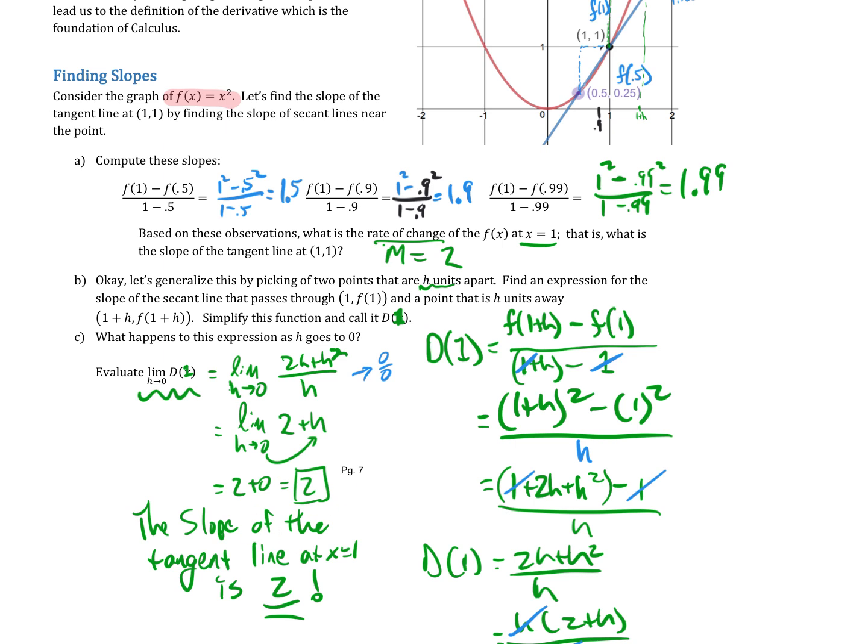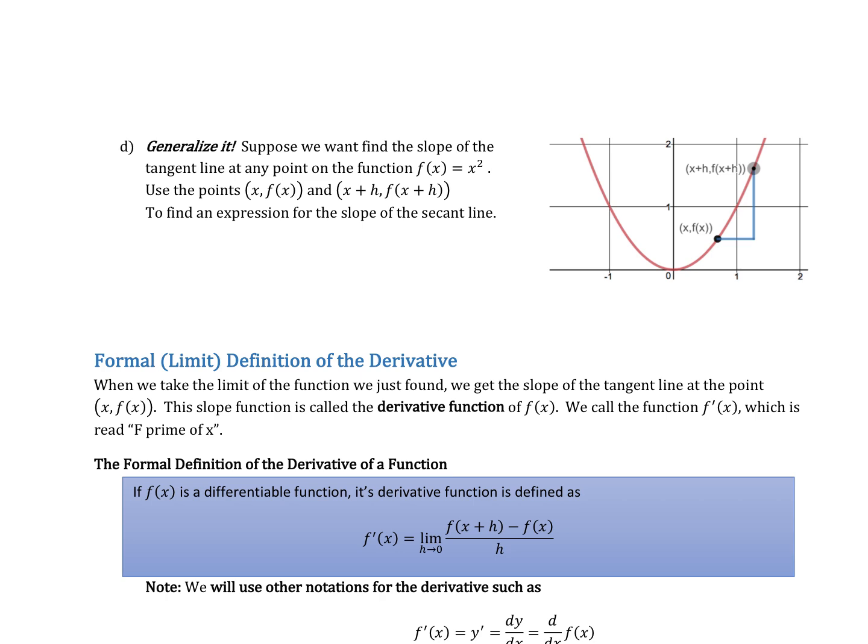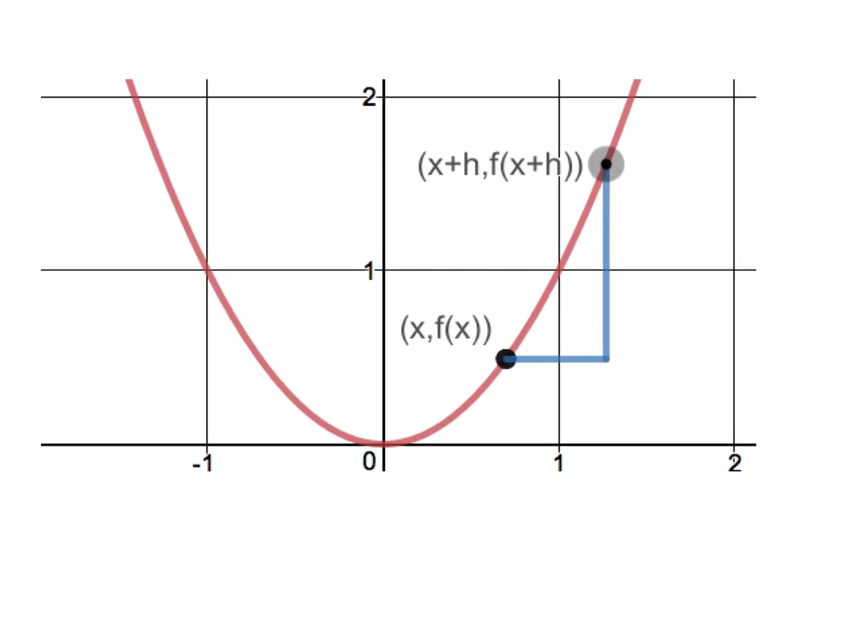Let's do this a little more generally now. We're going to take 2 points. We have some random point here, x, f of x, and then we're going to have f of x plus h there. We want to know the slope at this point x, f of x.